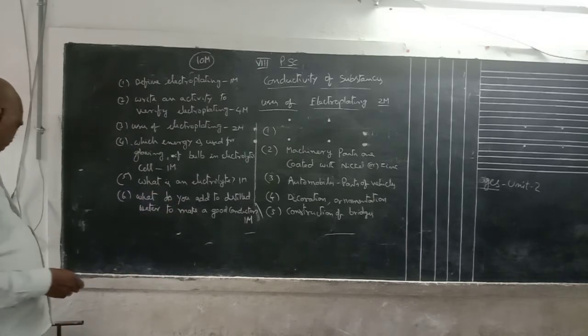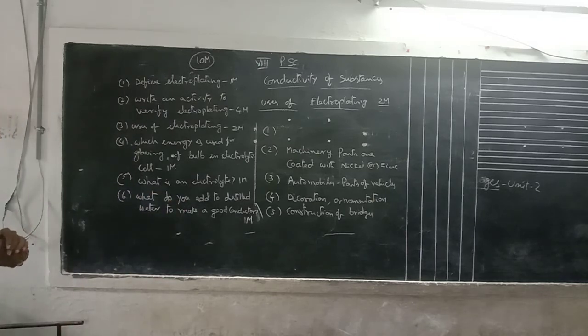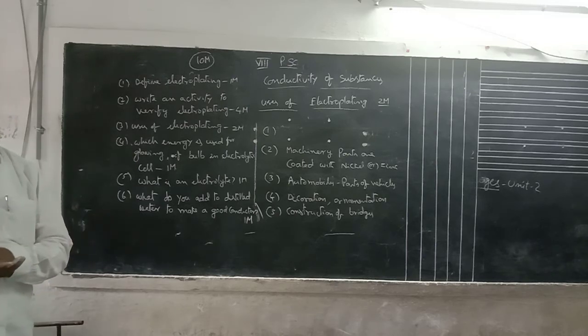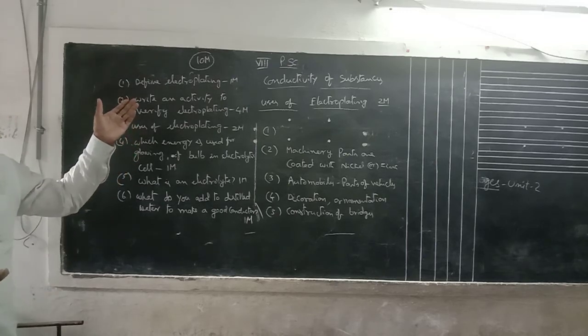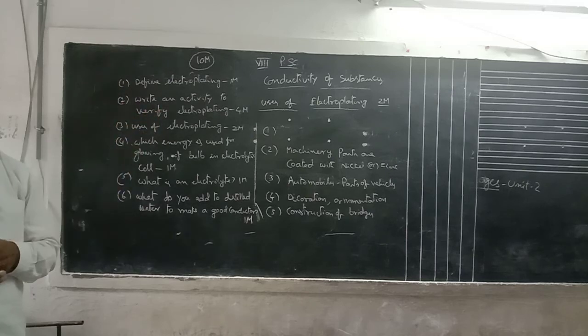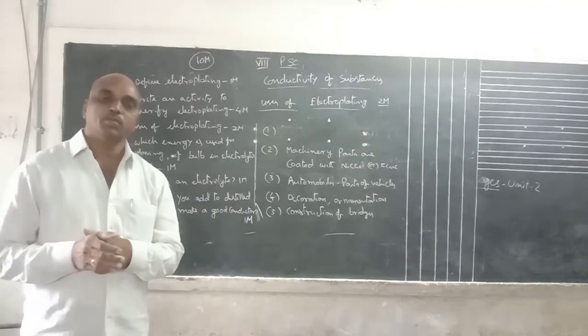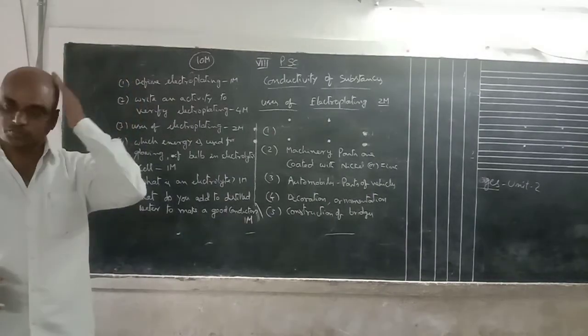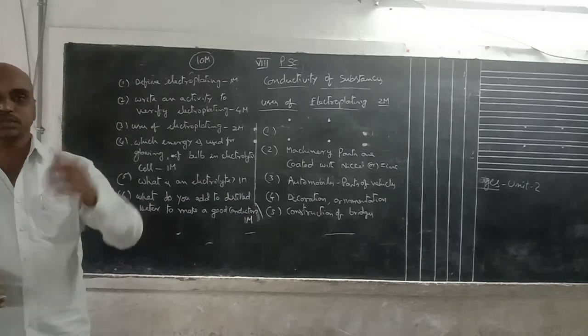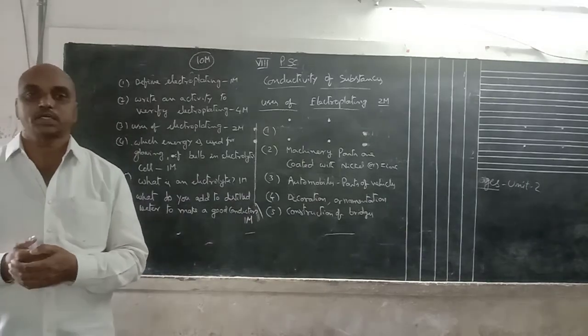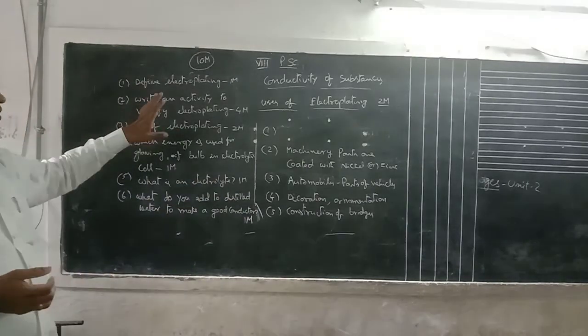By adding a small quantity of acid, base or impurities, it becomes a good conductor. Why? When acid is dissolved in water, cations and anions are formed, and these positive and negatively charged ions are responsible for the movement of electric charges. So, total 10 marks. This chapter is completed.